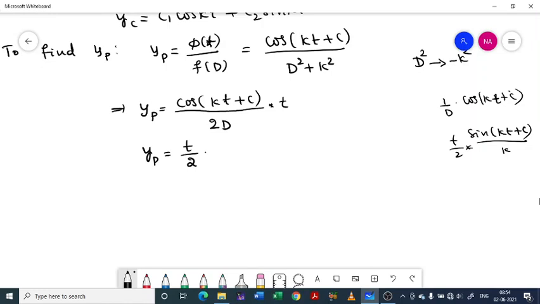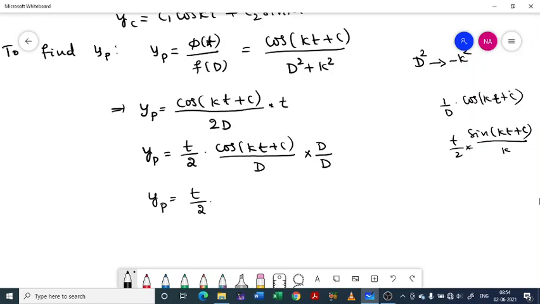Another way is multiply and divide by d. Cos of kt plus c divided by d, multiply and divide by d again. So yp equal to t by 2 into d of cos of kt plus c divided by d square.